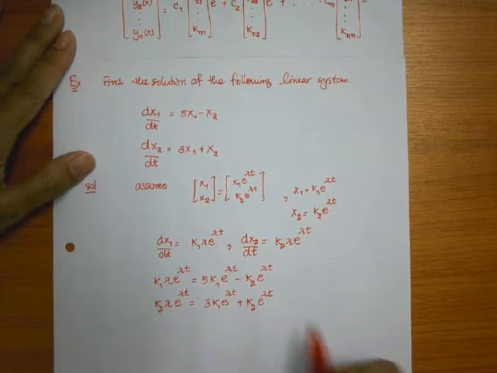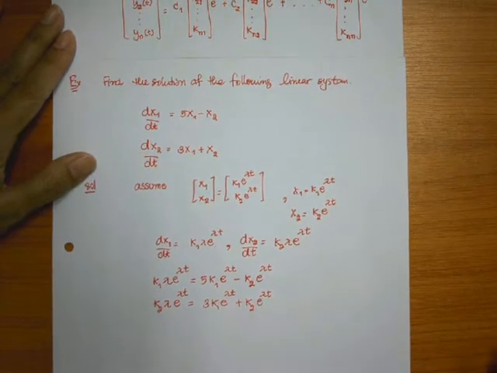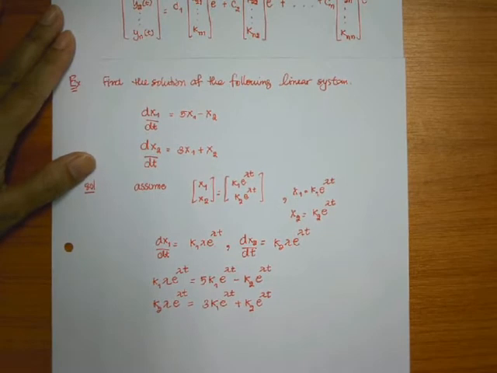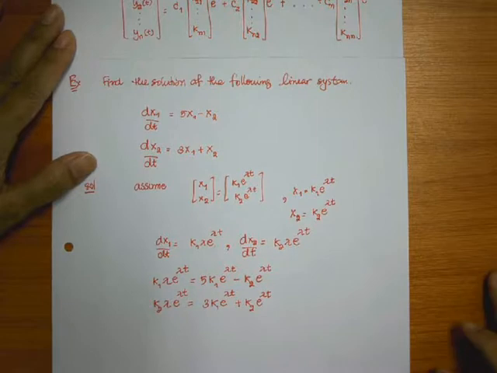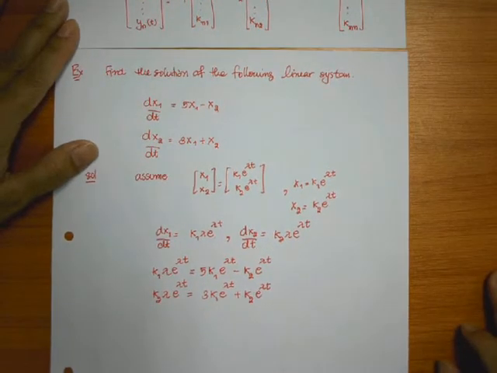If you take a look at these two equations, every term in equations 1 and 2 has the term exponential of lambda t. So we can divide both equations by exponential of lambda t.